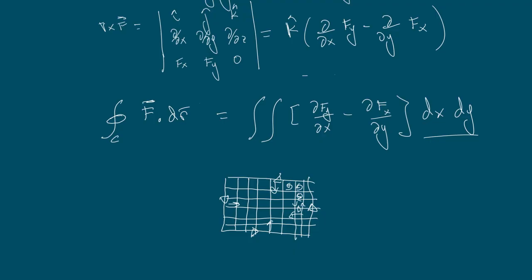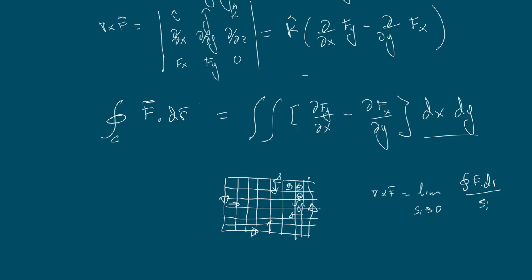The curl of the vector field is the limit, when the area S sub i tends to 0, of the line integral of the vector field F dot dr divided by the small area S sub i. So in every small square like this, we subdivide many times.